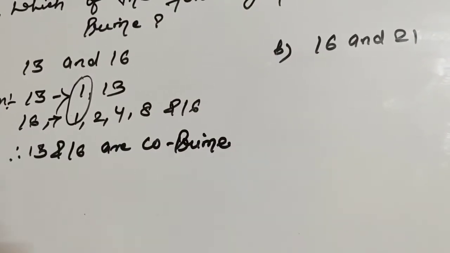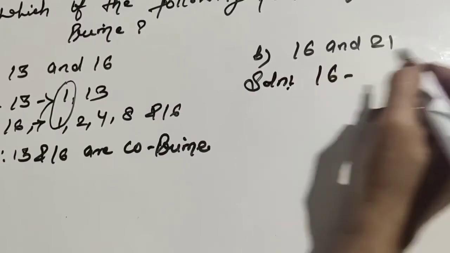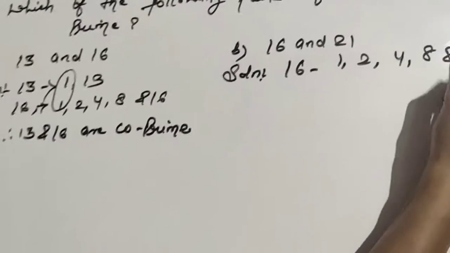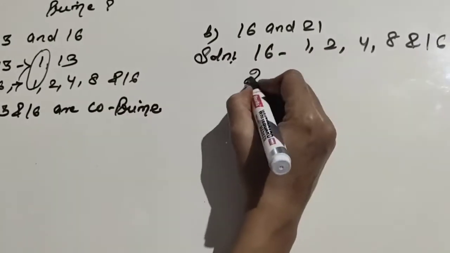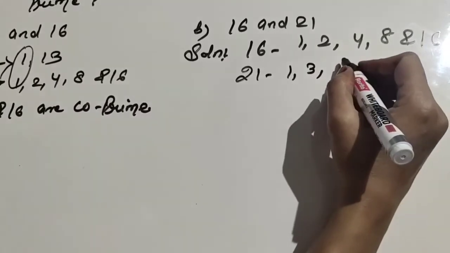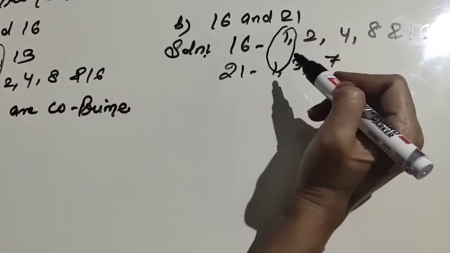One more example. 16: same, you have to find 1, 2, 4, 8 and 16. Now 21: 1, 3 and 7. In these numbers again 1 is the common factor.